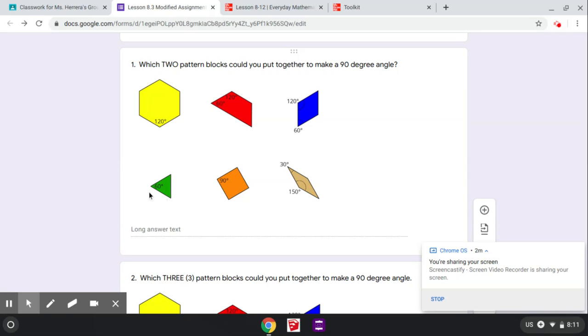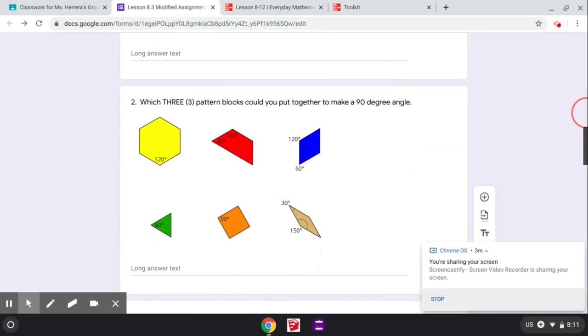So for example, you could have said this triangle plus the small rhombus. Because the triangle, the vertex measures 60, and this vertex over here measures 30, and 60 plus 30 equals 90. You could have also said the large rhombus plus the small rhombus. Or you could have said the trapezoid plus the small rhombus.